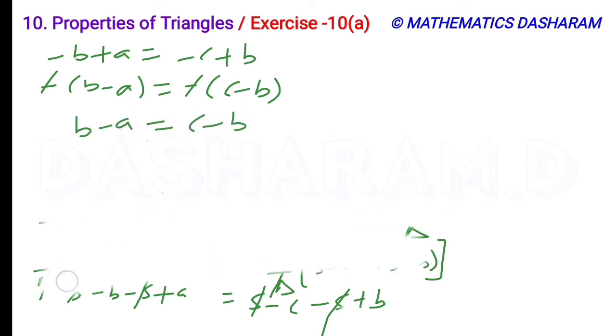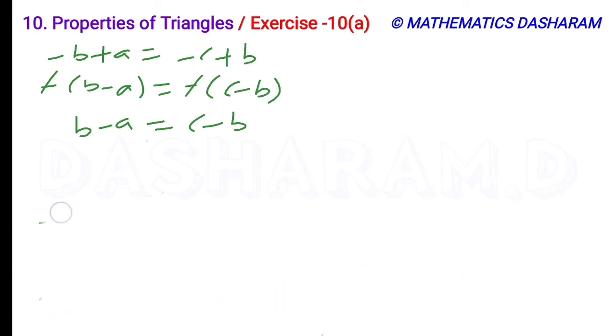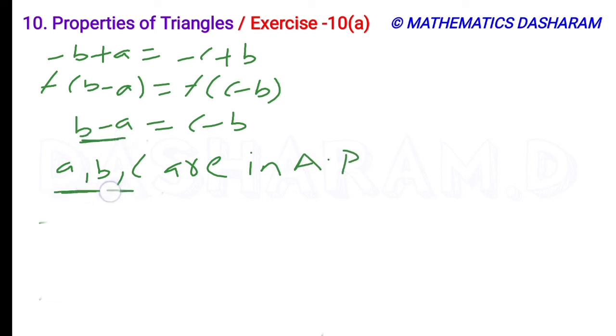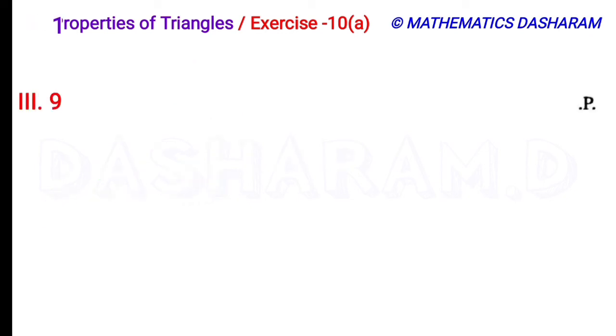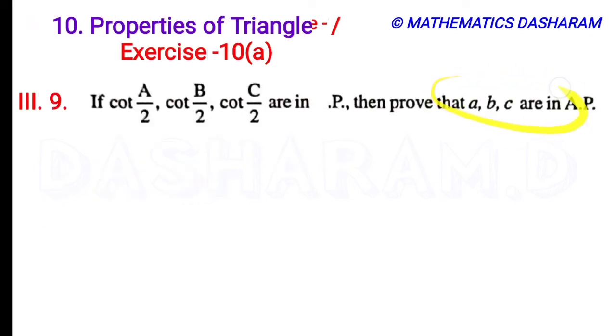So observe the final answer. b minus a equals c minus b means a, b, c are in arithmetic progression. Why? Because first difference is b minus a, second difference is c minus b, and both are equal. So that means they have a common difference. So a, b, c are in arithmetic progression.